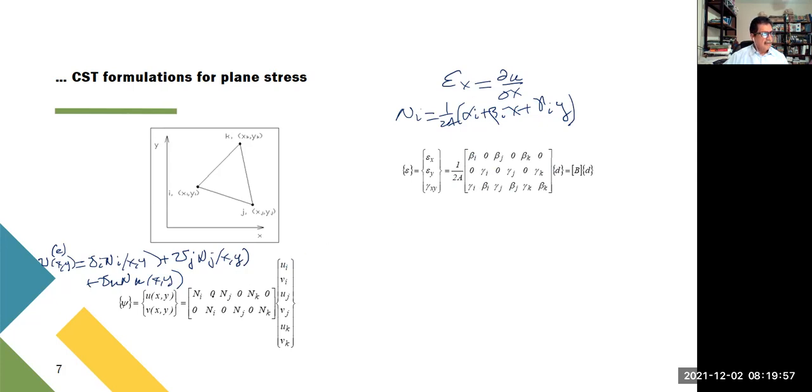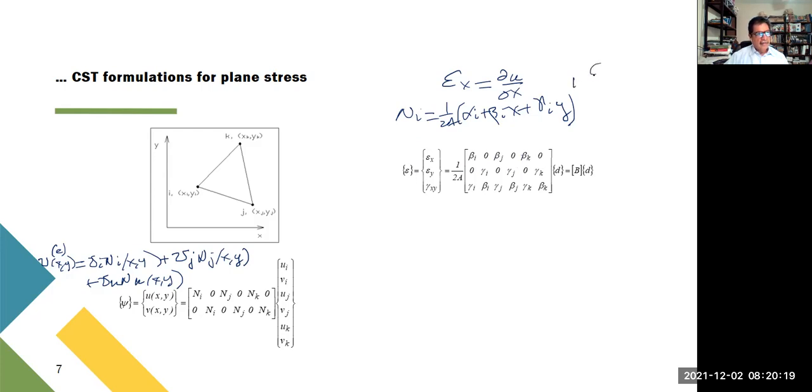Then I have a 0, and similarly for the term which is multiplied times uj. So it's going to survive this one here. And finally, for the k case, this transforms into bk. For the second line, we have epsilon y.